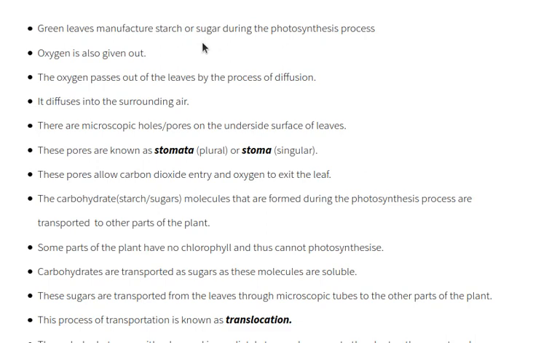And oxygen, right? Firstly, the oxygen just quickly escapes from the leaf through the stomata openings, right? The oxygen passes out of the leaf by the process of diffusion. It diffuses into the surrounding air, that is the atmosphere, right?